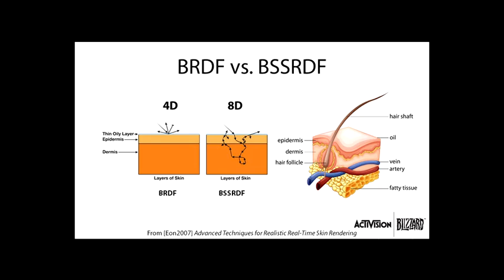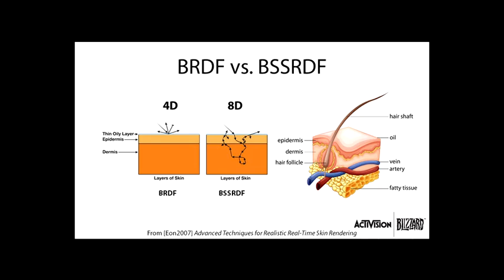So when rendering skin using conventional techniques, we make the assumption that the light scatters at the surface. So it basically exits at the same point where it enters. And this model, which is called a BRDF, works really well for simple materials like stone or plastic.